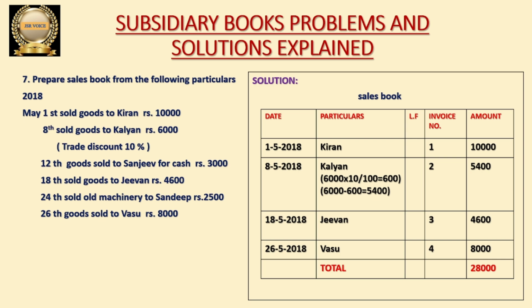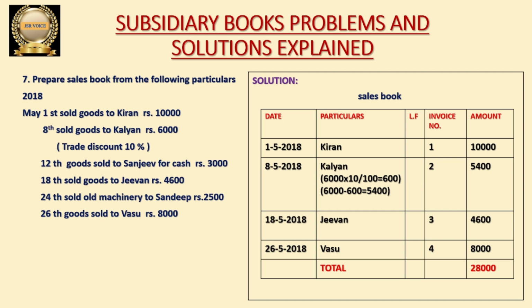Okay, and let us go to the question again. May 8th, sold goods to Kalyan, rupees 6,000, trade discount 10%. Before going into recording, we have to decide whether it will appear or not. First of all, it is sold, a sales transaction. So we have to see whether it is satisfying 3 conditions or not.